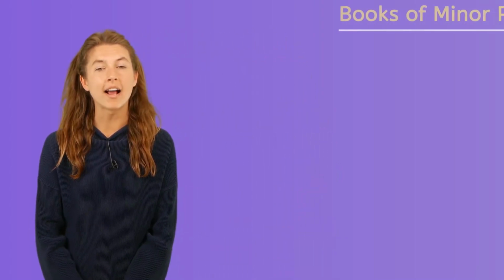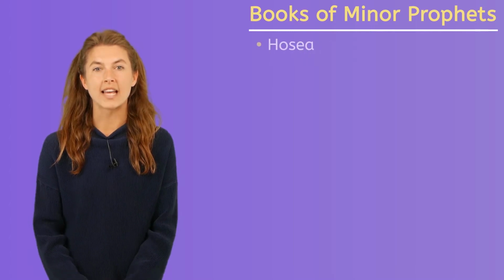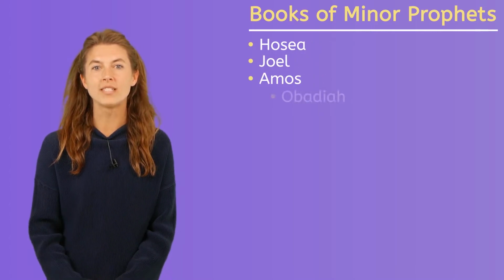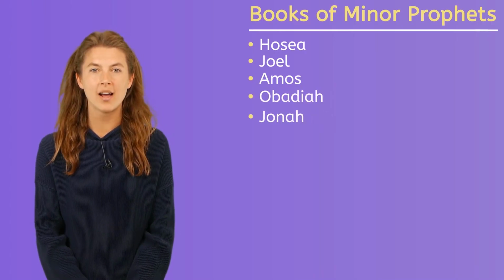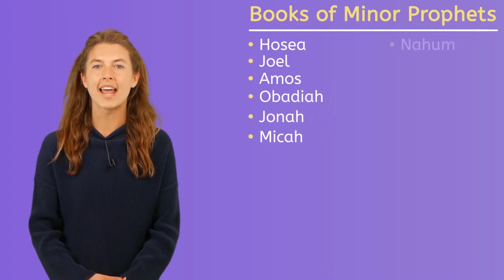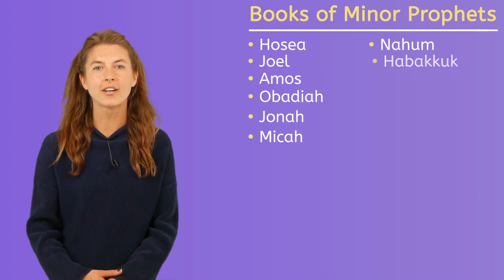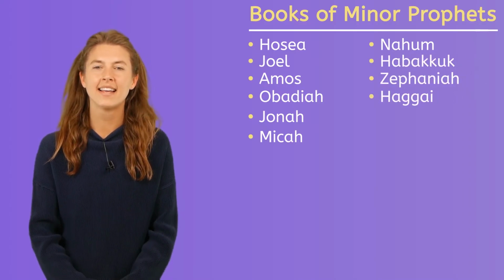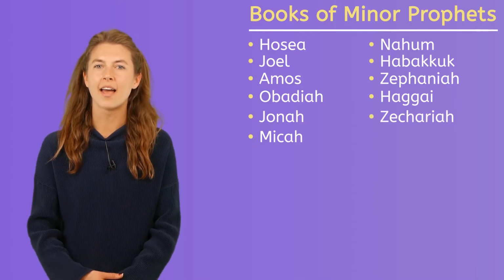The 12 books of minor prophets include Hosea, Joel, Amos, Obadiah, Jonah, Micah, Nahum, Habakkuk, Zephaniah, Haggai, Zechariah, Malachi.